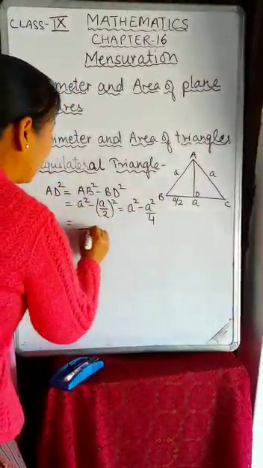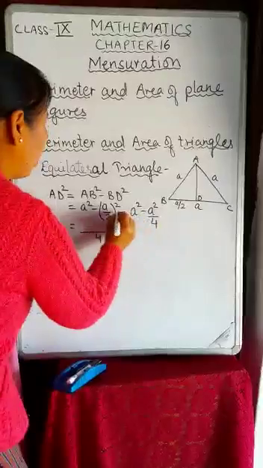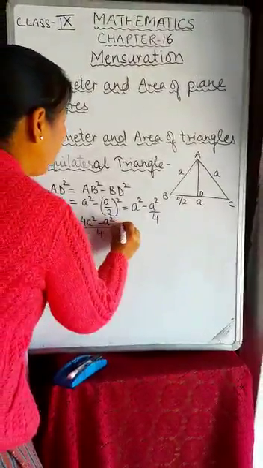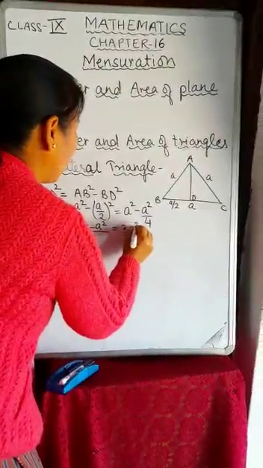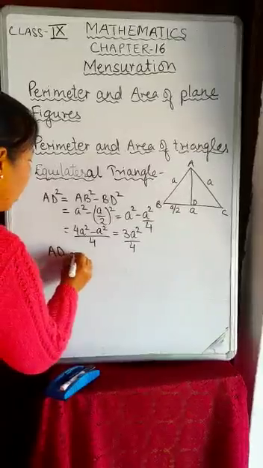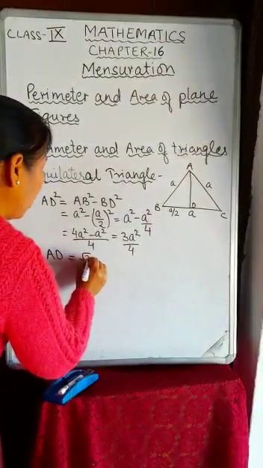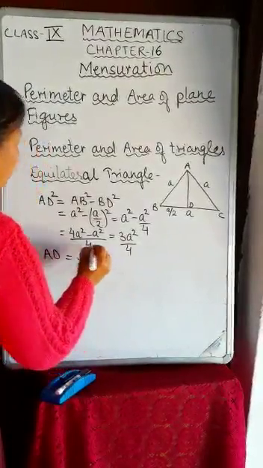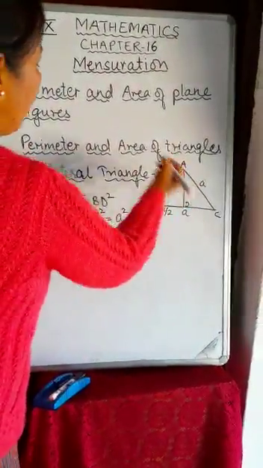If we take the LCM, 4 is the LCM, 4 into a square is 4a square minus a square, which will become 3a square upon 4. And if we find the value of AD, this will be equal to root 3 upon 2, because the square root of 4 is 2, into a. This is the length of the height.